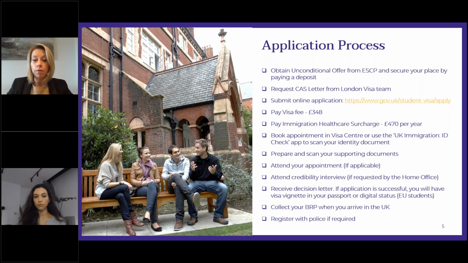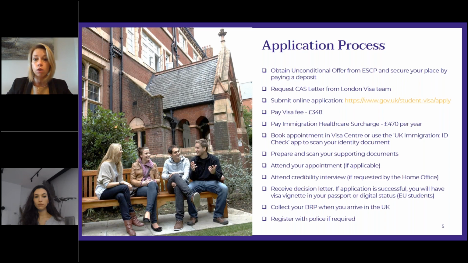Once you arrive in the UK, either on your visa vignette or on your digital status, you will need to collect your BRP card. And once this is collected, some of the students will need to register with the police. With regards to registering with the police, it all depends on your nationality, and this will be written on your visa vignette. EU students won't need to register with the police, but other international students might have this in their visa vignette.